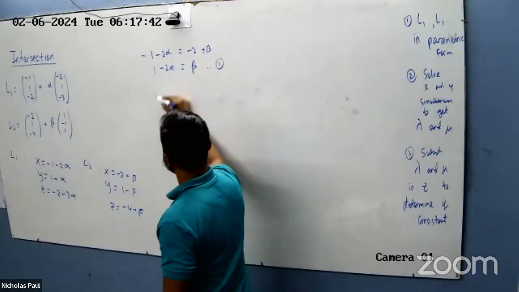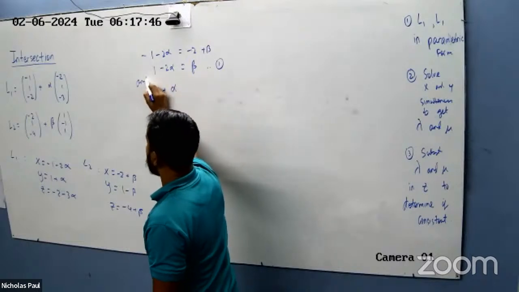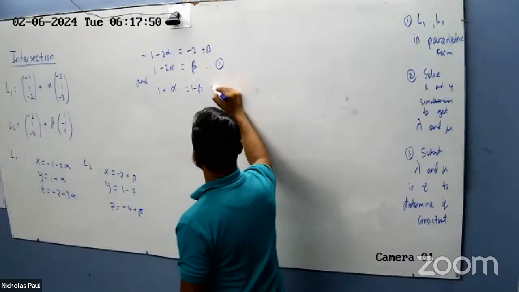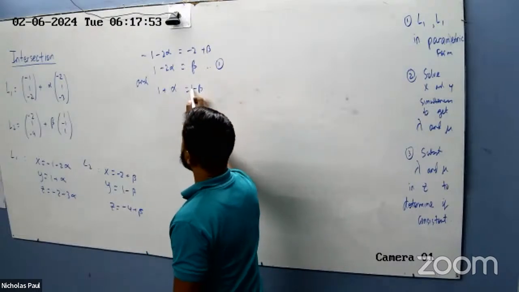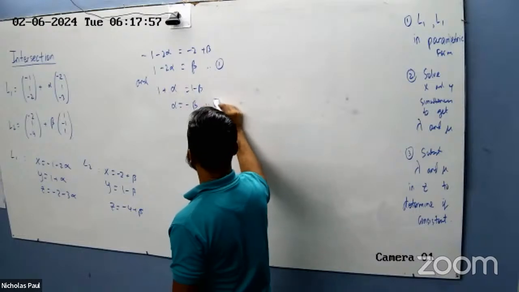So again, beta equal to 1 minus 2 alpha. Do the same thing here. 1 plus alpha is equal to 1 minus beta. 1 will cancel, so you'll get alpha is minus beta.